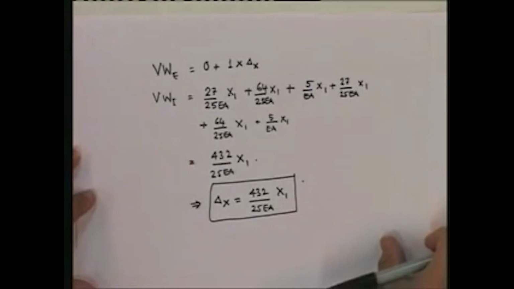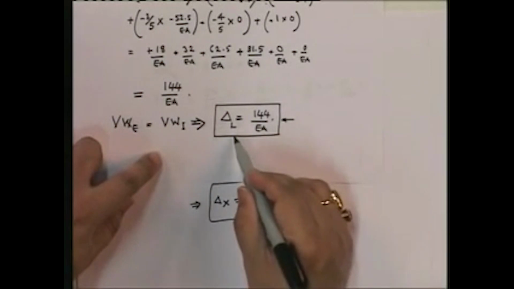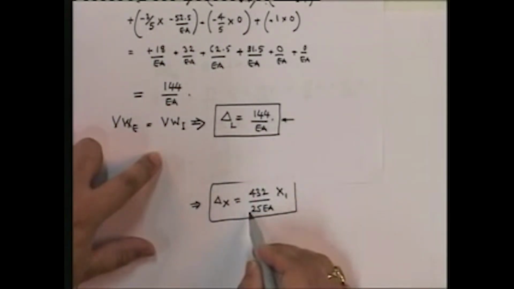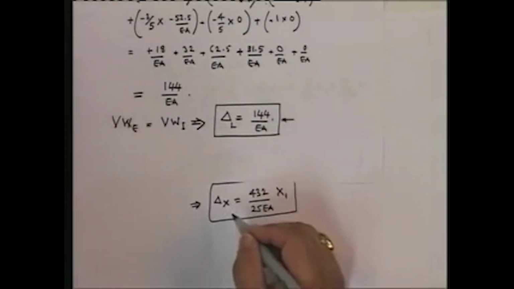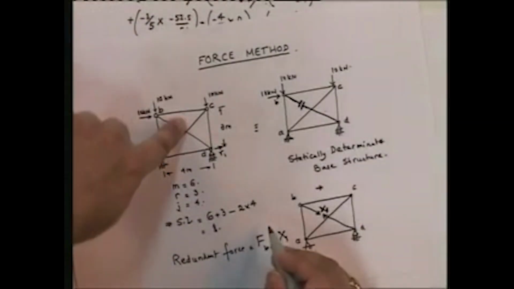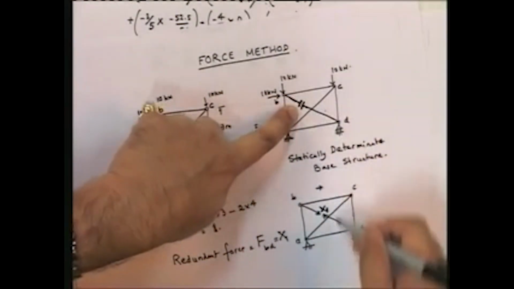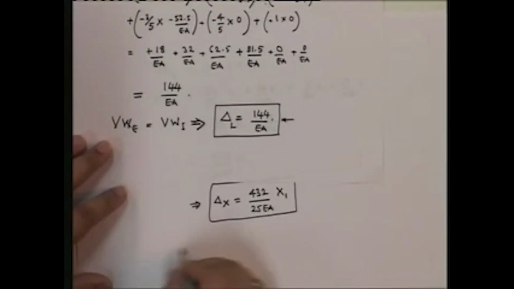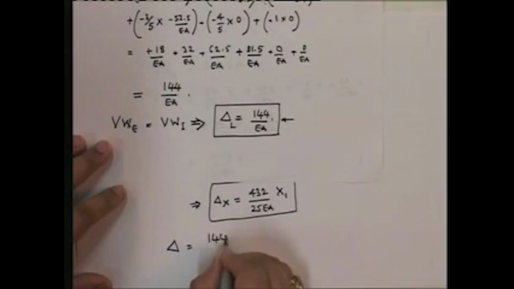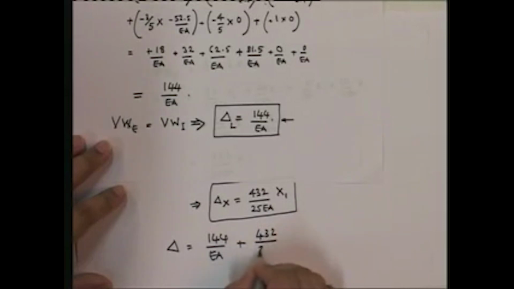So now I have computed delta L. I've got delta x, and what's the actual delta? There's going to be superposition of the two, because in this it's going to be the displacement in this plus the displacement in this, so delta is going to be equal to 144 upon EA plus 432 upon 25 EA x1.